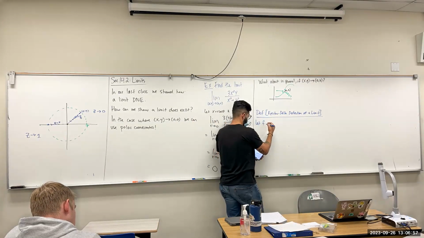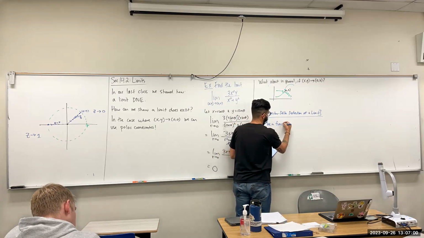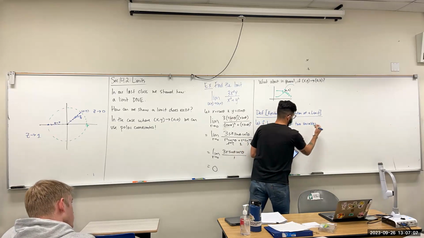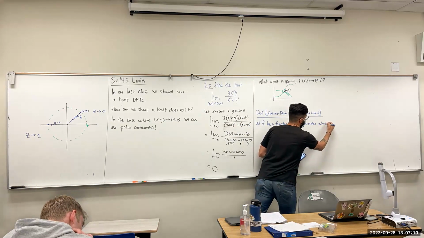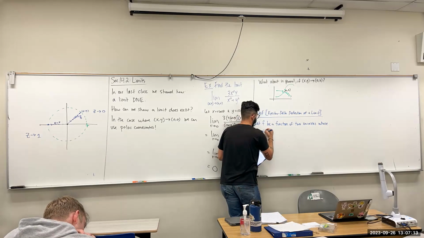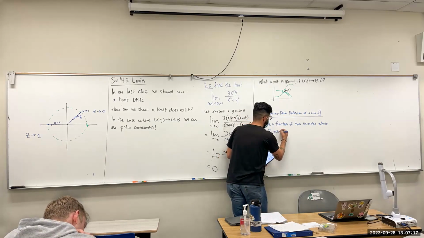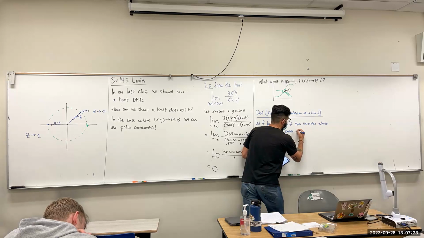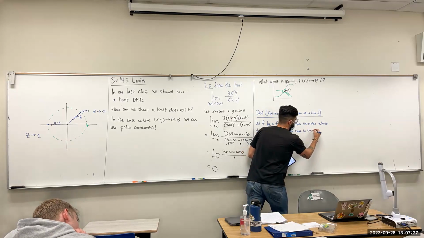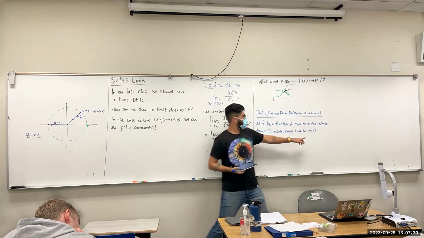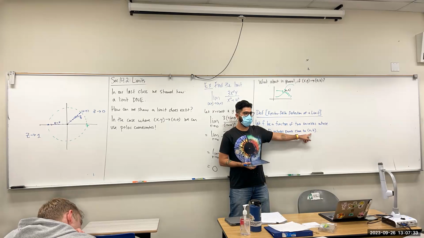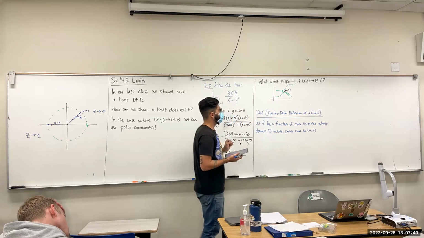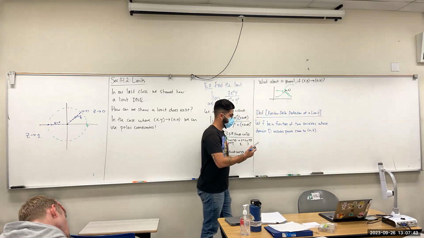It says, let f be a function of two variables whose domain D includes points close to the point (a, b). Notice it doesn't necessarily say that (a, b) has to be in the domain. It just says the domain contains points very close to this point. Those points around it are in the domain.